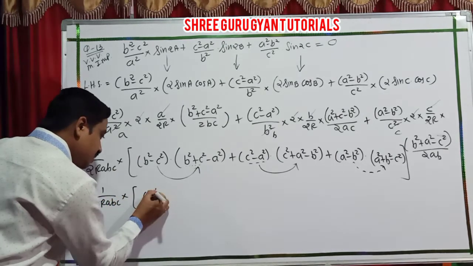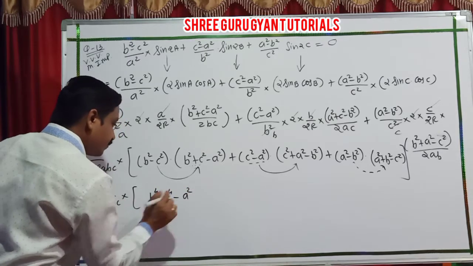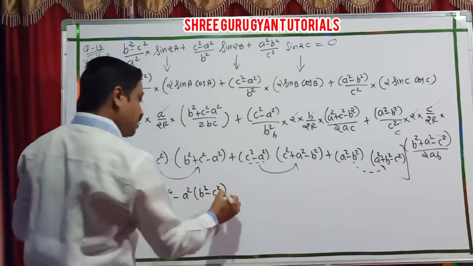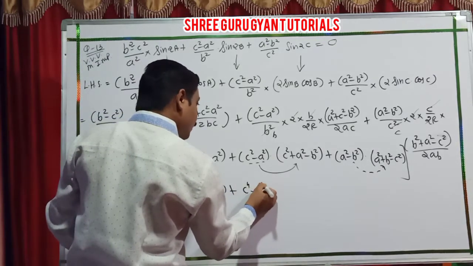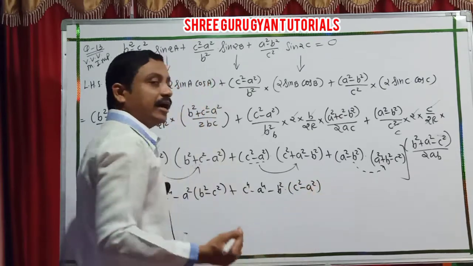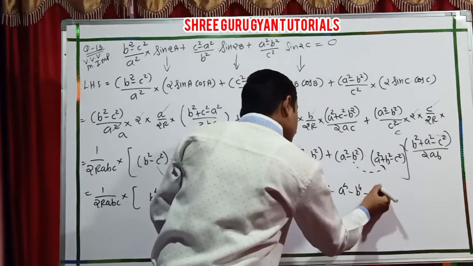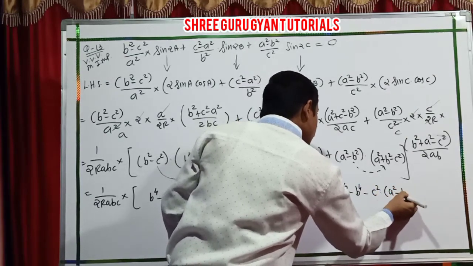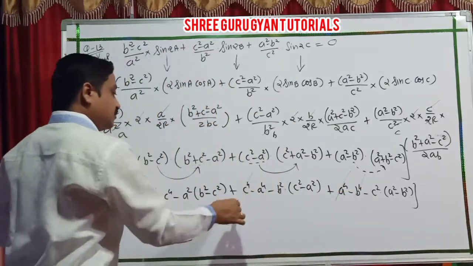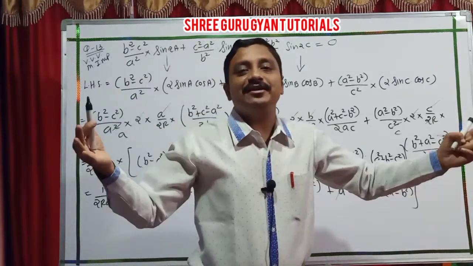Here B4 minus C4 minus A square, B square minus C square. Same students, here C4 minus A4 minus B square, C square minus A square, and ending A4 minus B4 minus C square, A square minus B square. Now check, these 4 polarity terms are as they are, plus or minus. So they cancel.